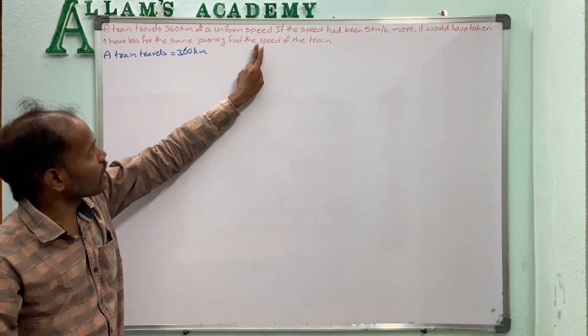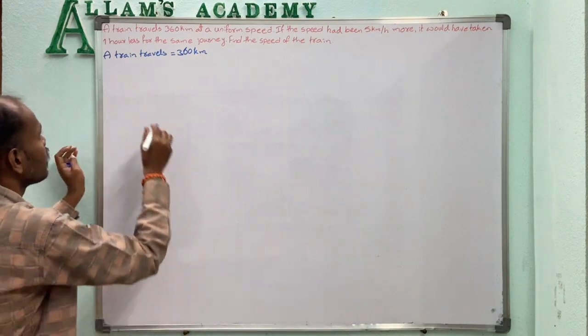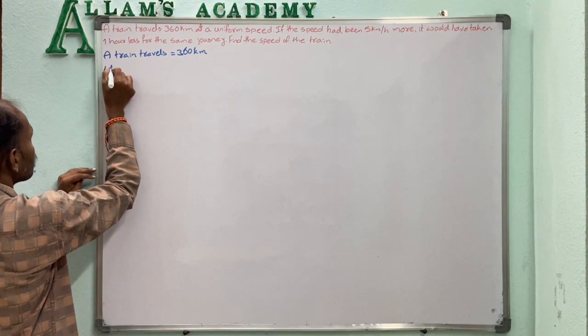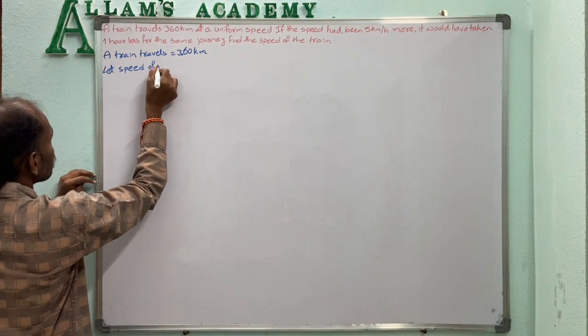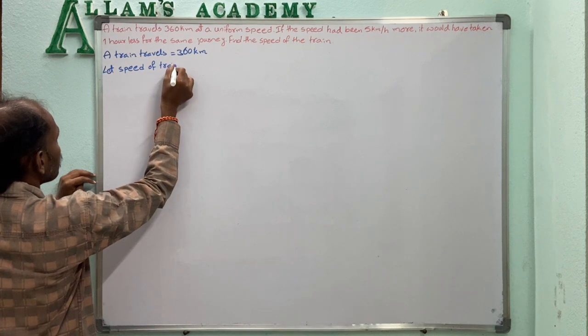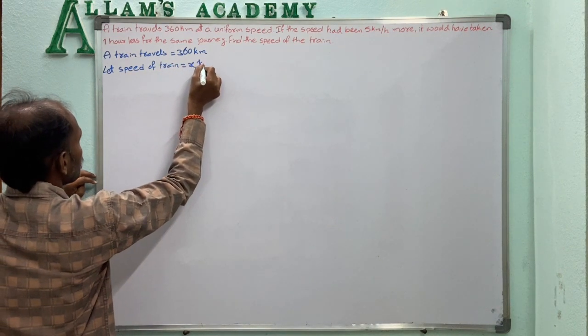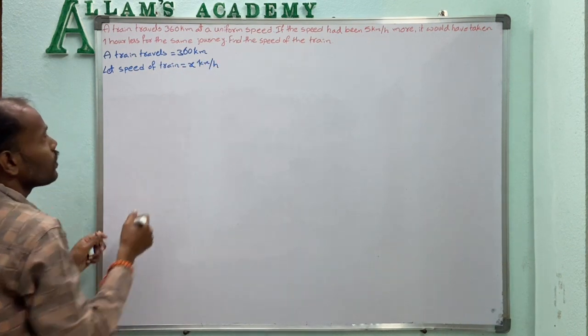Now we want to find the speed of the train. So let the speed of the train equal x kilometers per hour.